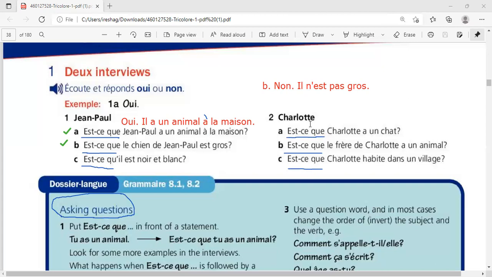The third question is: est-ce qu'il est noir et blanc? Is he black and white?